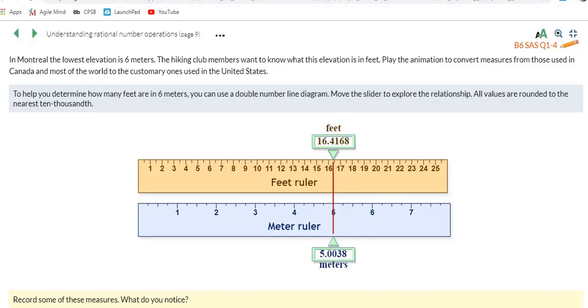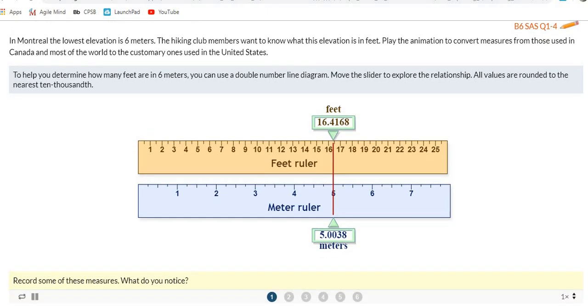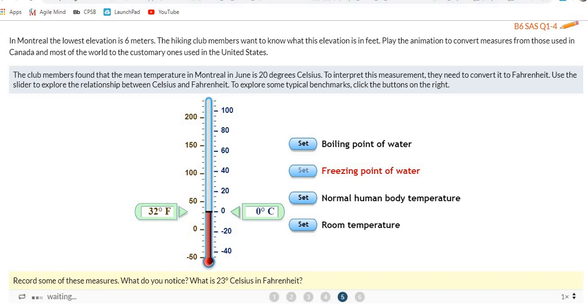Okay, we're going to flip over to number 3 now. And now we're going to look at the difference between Fahrenheit and Celsius. And right now it has the freezing point of water, which in Fahrenheit is how much? 32 degrees Fahrenheit.